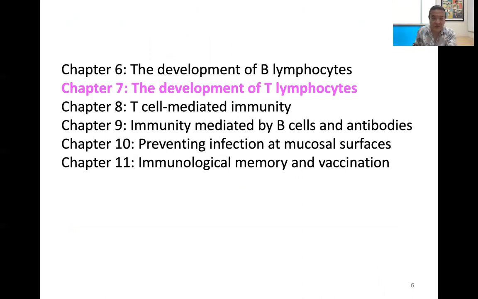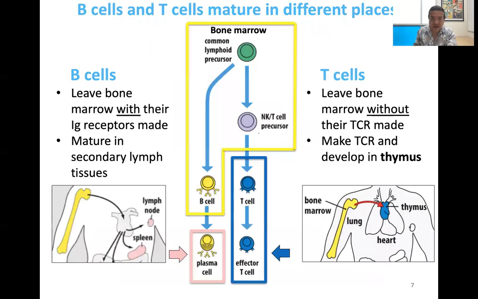Right? So then we shift to chapter 7, development of T cells. Recall that B cells and T cells both start off from the hematopoietic stem cells in the bone marrow, right? And those stem cells kind of go one of 2 directions. One is they can become the innate effector cells, or 2, they can become the adaptive effector cells, right?